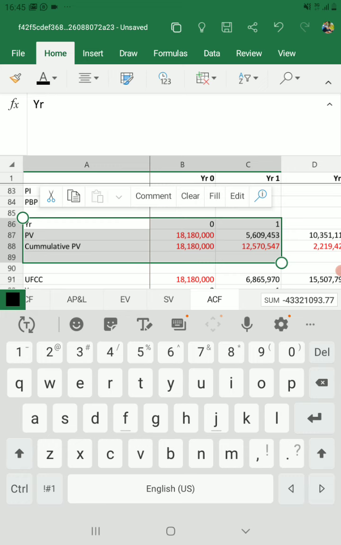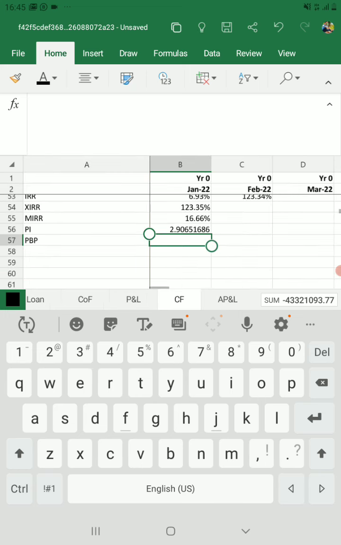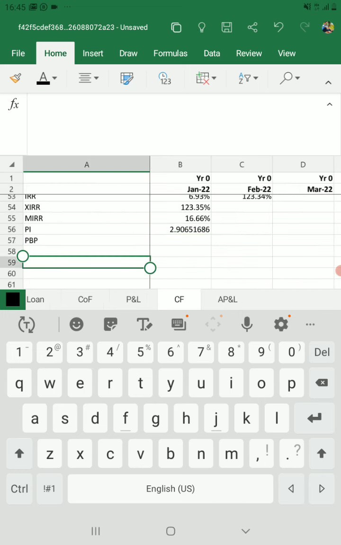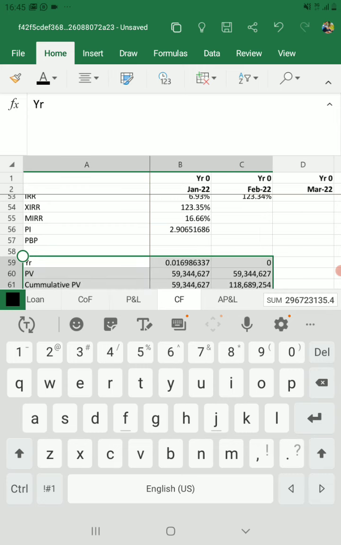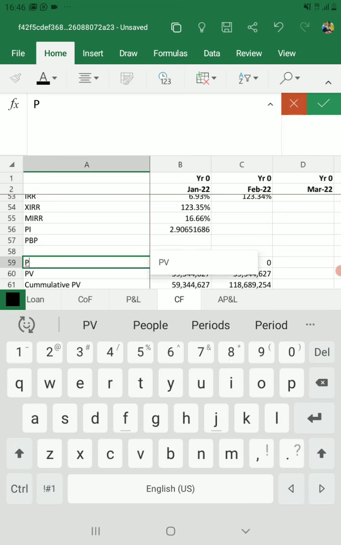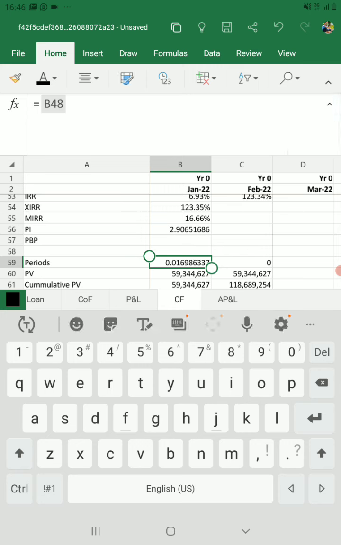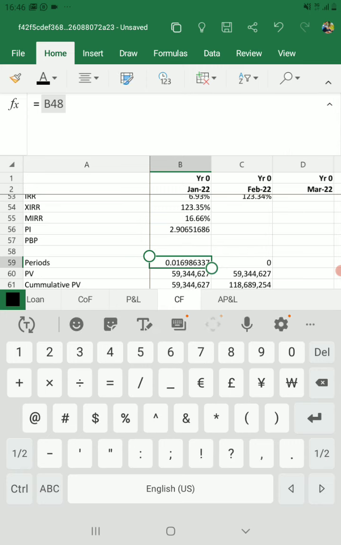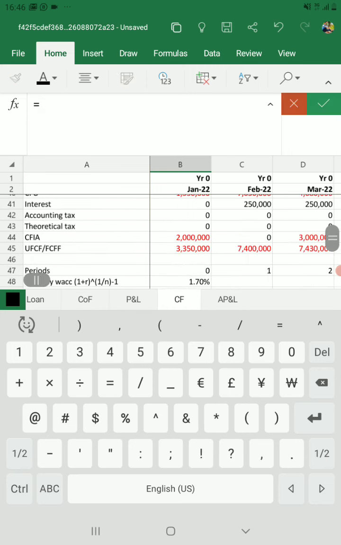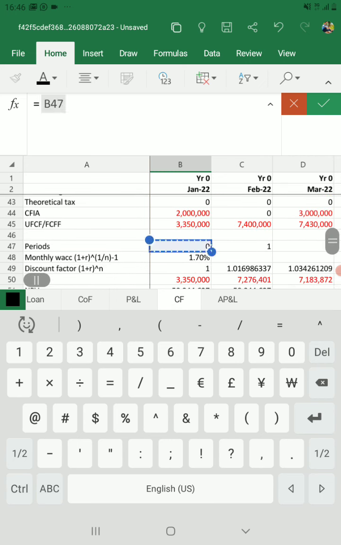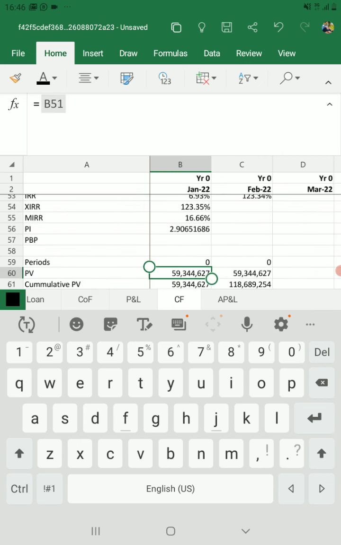So I copy this and then come to my monthly sheet here and paste them here. Instead of year, I type period because we are using monthly, and here I just put an equal sign and pick the period, which is here, press enter.